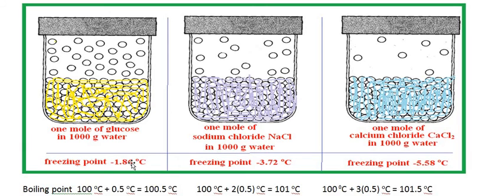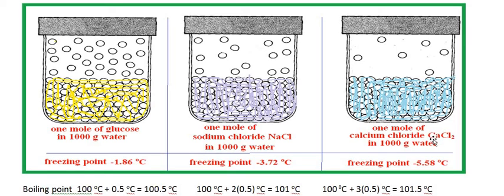This decrease is multiplied by 2, which gives minus 3.72. If you dissolve 1 mole of calcium chloride, you know that calcium chloride in water dissociates to give 3 moles: 1 mole of calcium and 1 mole of chloride and another 1 mole of chloride. This means 3 moles.